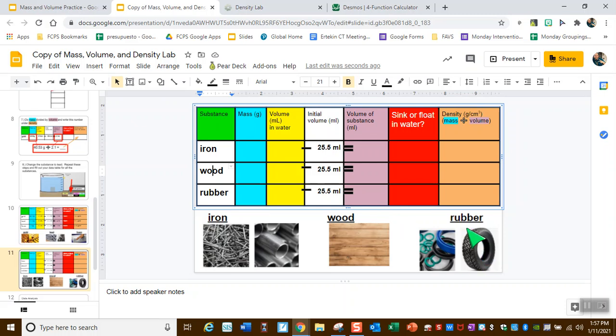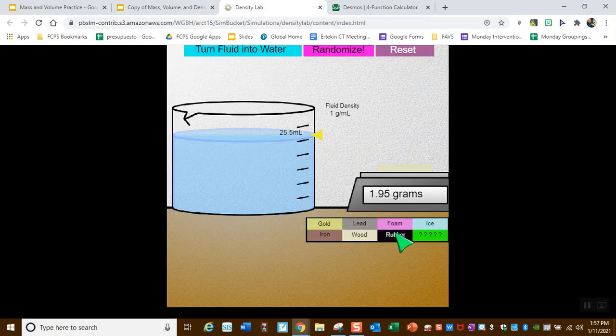And then you're going to do rubber. Rubber. Okay, like on your car tires, there's rubber. So you click rubber. And oops, it's very small, right? Okay. Oh, if it disappears, click on it again or change it. Uh-oh, what happened to it?